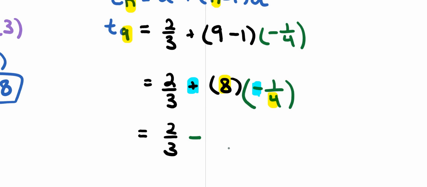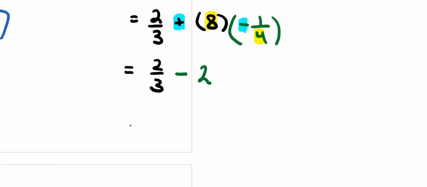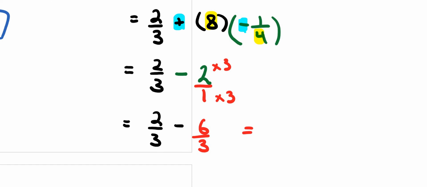So it would be 2/3 minus 2. This is where we have to do a little bit of fraction work. You need a common denominator, so times the top and bottom by 3. So I get 6 over 3, and 2 minus 6 is going to be negative 4 divided by 3. And there's your answer for question 8b.